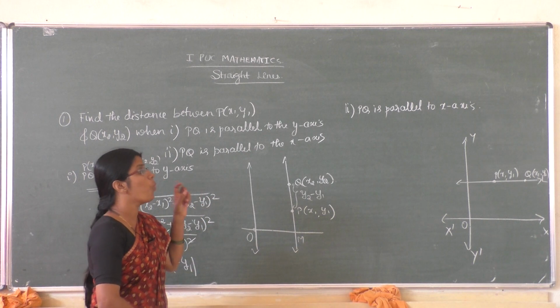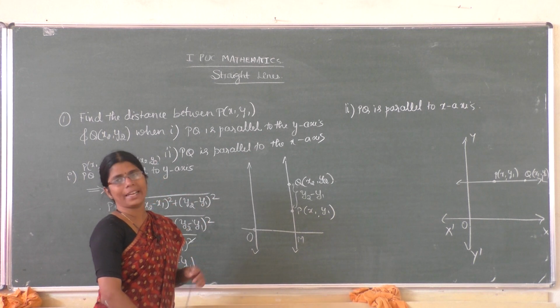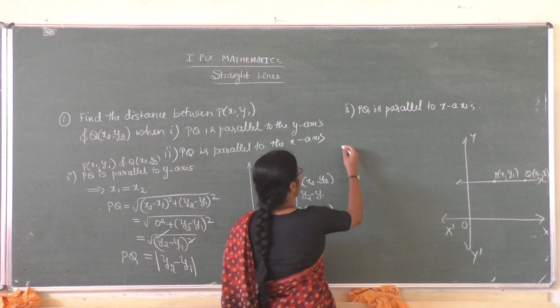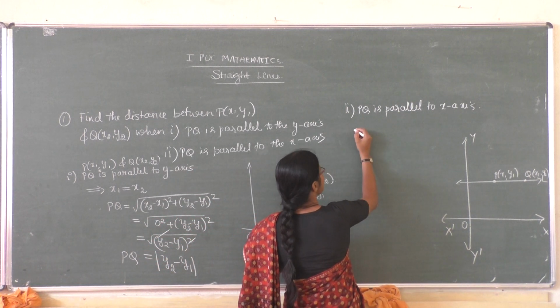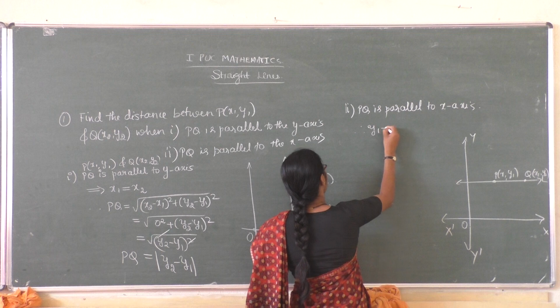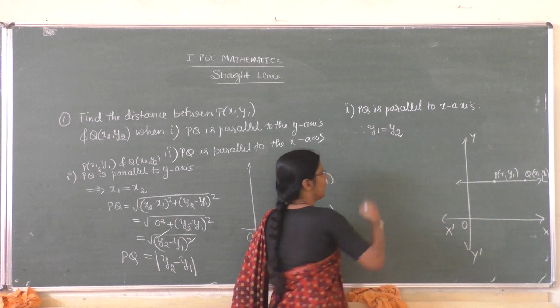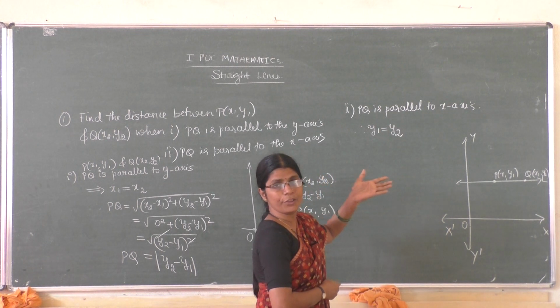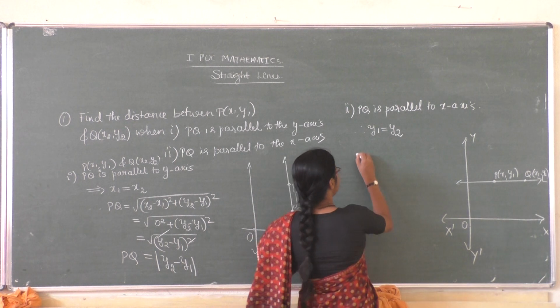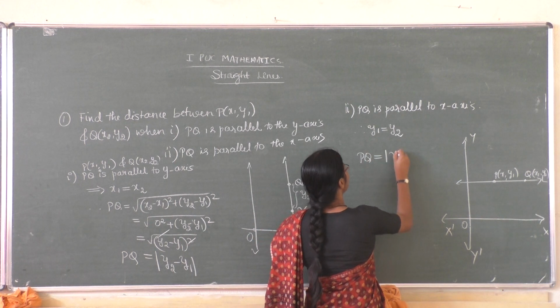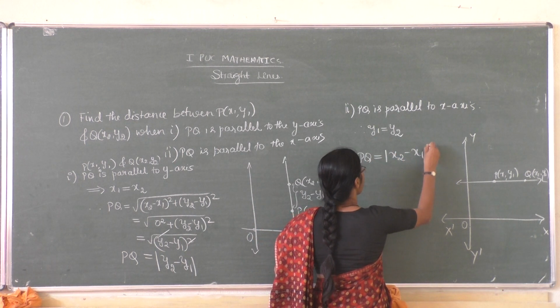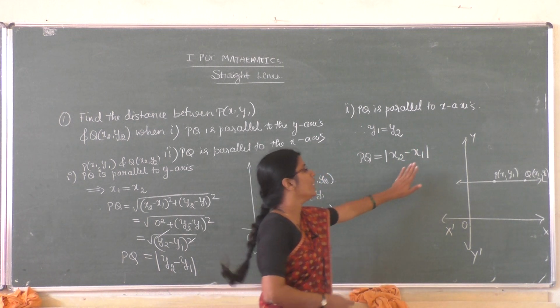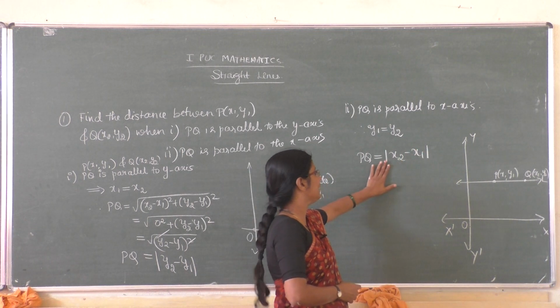That means y1 is equal to y2. So second one, PQ is parallel to x-axis, therefore y1 is equal to y2. If you use a diagram, you can directly take PQ is nothing but modulus of x2 minus x1 directly.